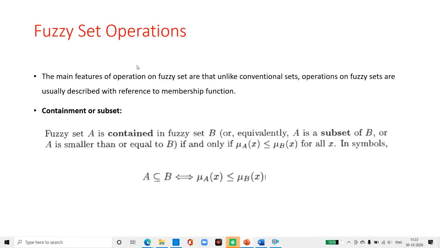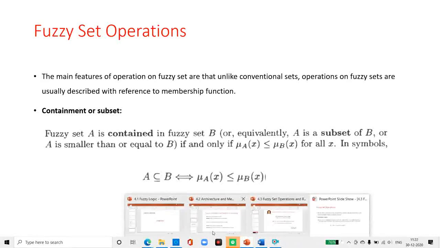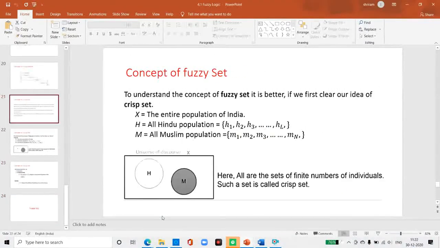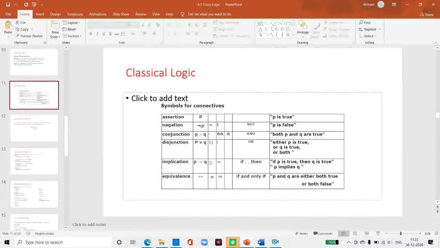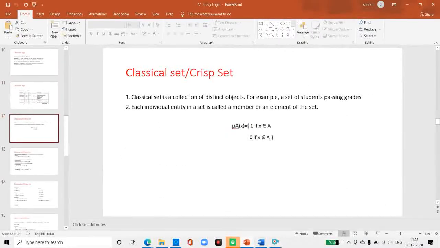Okay, so what is the classical set? In a previous lecture, we discussed the classical set. If x is in the classical set, then the answer is 1.